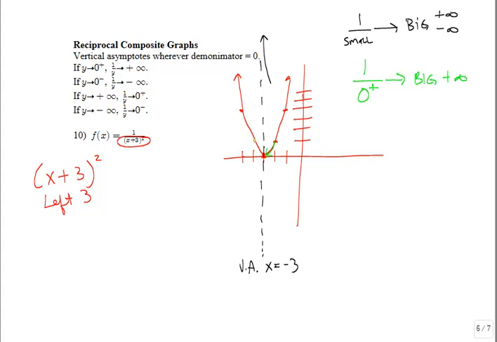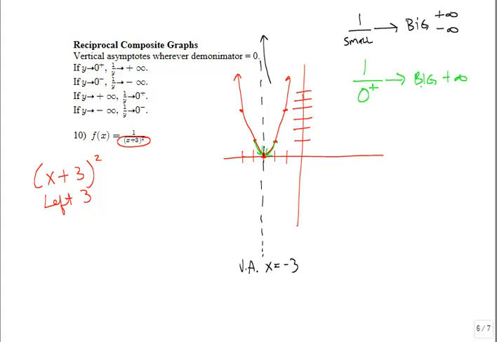Okay, let's try that from the other side and we'll see what happens. So this time I'm going to approach that vertical asymptote from the left side. Again, I'm getting 1 over something that's getting closer and closer to 0. All these y values are getting closer to 0, but they're all above the x-axis, so they're all positive. So what does 1 over something really, really small do?